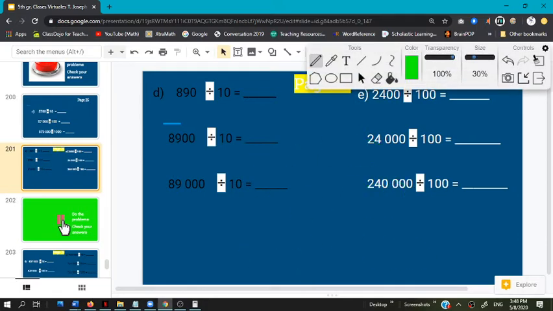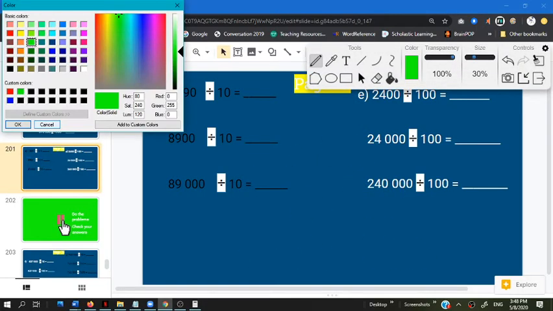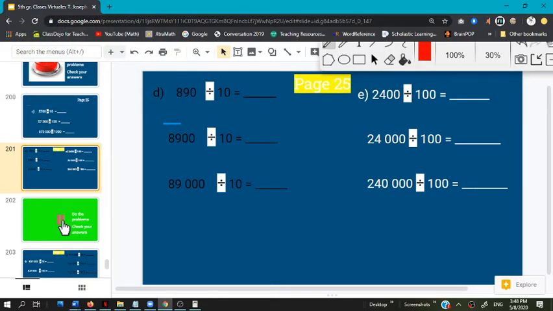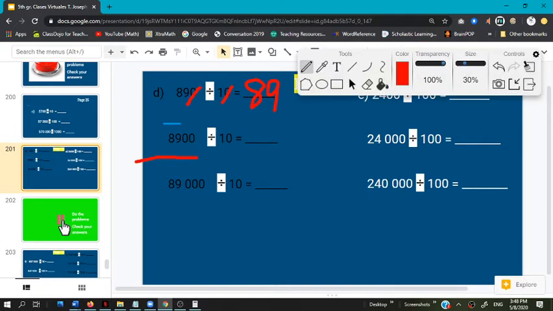Okay, let's see. Let's pick a different color. Let's probably do red this time, okay? If we divide 890 by 10, we're going to get 89. 89 divided by 1 is 89, okay? Next one, 8,900 divided by 10.